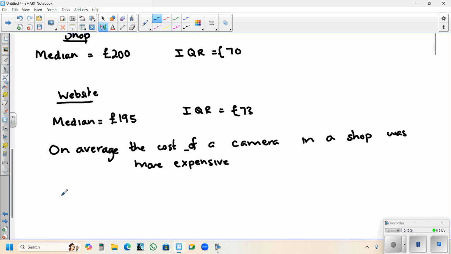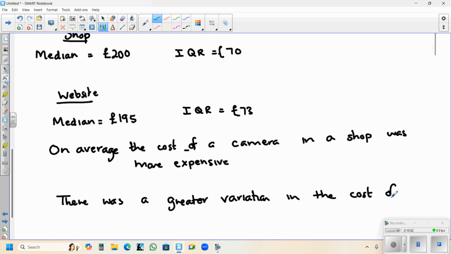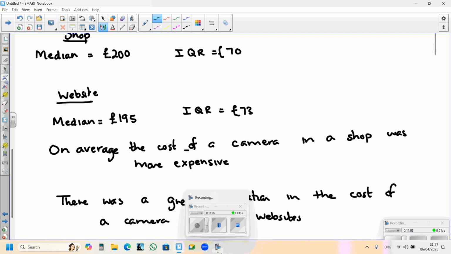So I'm just going to say there was a greater variation in the cost of a camera on the website. And that's your two true statements. It doesn't matter what you were asked in those things, you make those statements exactly the same way.